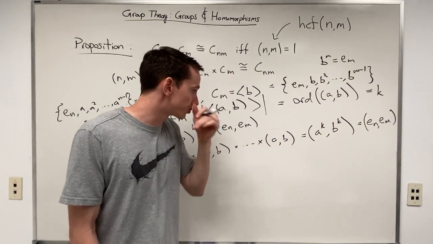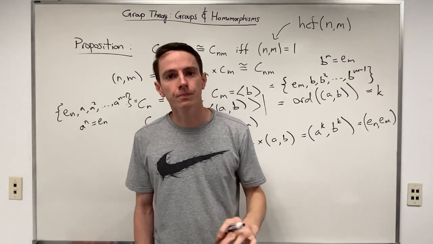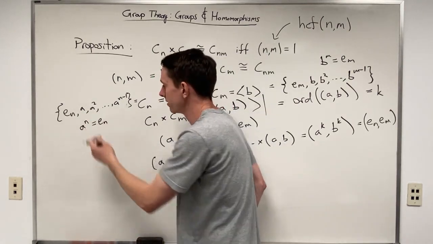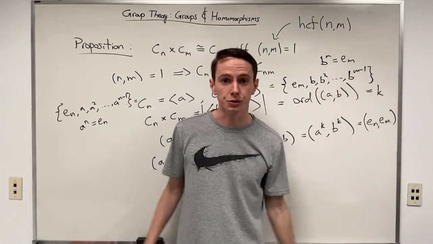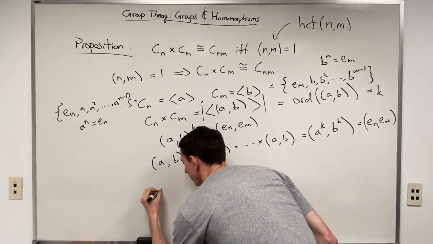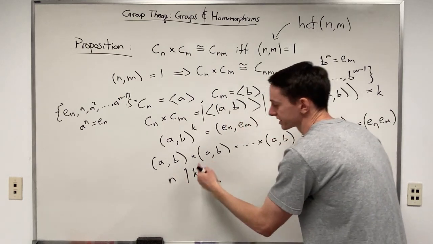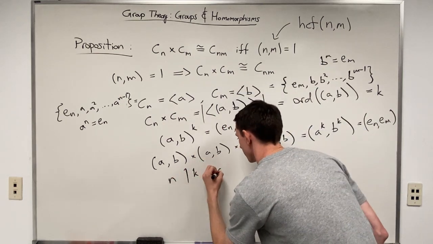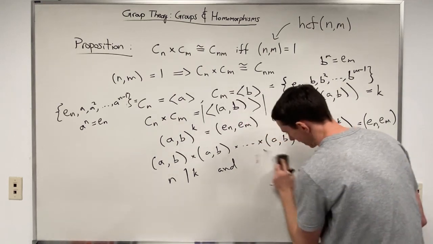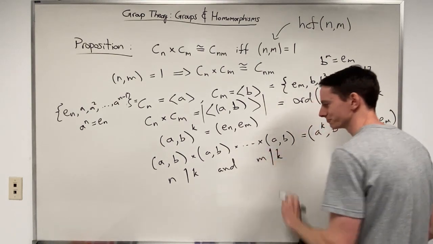The only way that can be true is if k is some multiple of both n and m. Right? Because if we have any multiple of n, this will be true, and any multiple of m, this will be true. So because of those statements right there, that implies that n divides k, or in other words, k is an integer multiple of n, and k is an integer multiple of m, or m divides k.